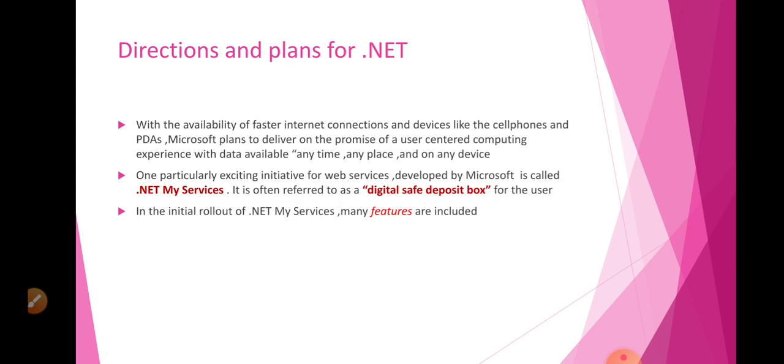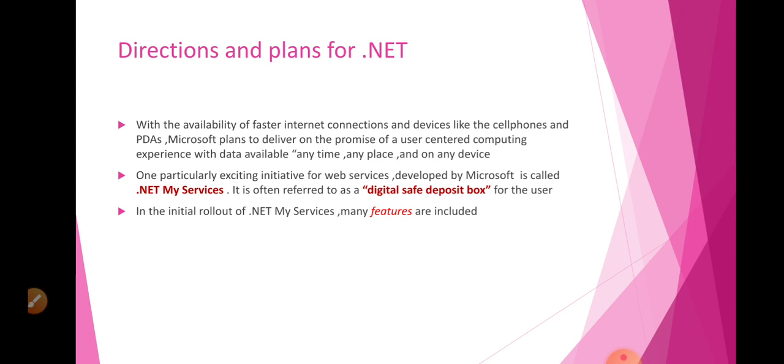Okay, students. Next, we move on to directions and plans for .NET. This is the last topic in this first chapter. With the availability of fast internet connection and devices like cell phones and PDAs, Microsoft plans to deliver on the promise of user-centered computing experiences.